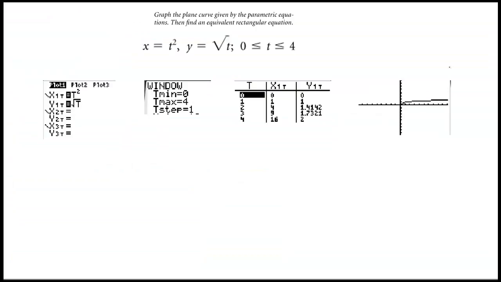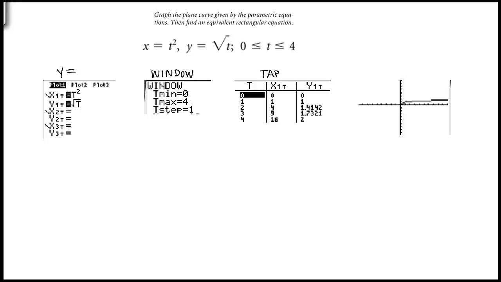Problem, again, it says to graph the plane curve given by the parametric equation x is equal to t squared, y is equal to square root of t, where the parameters of t is between 0 and 4. Using your graphing calculator, plug in the y is equal to. Make sure you set your window correctly.